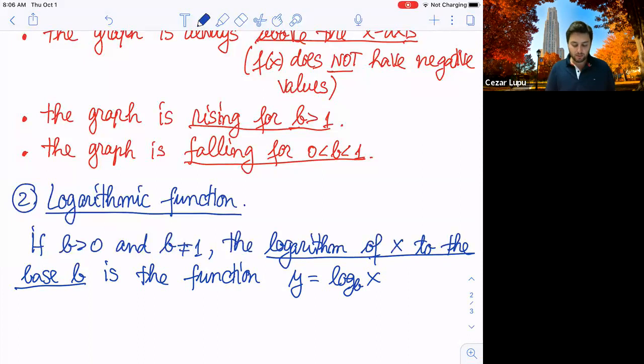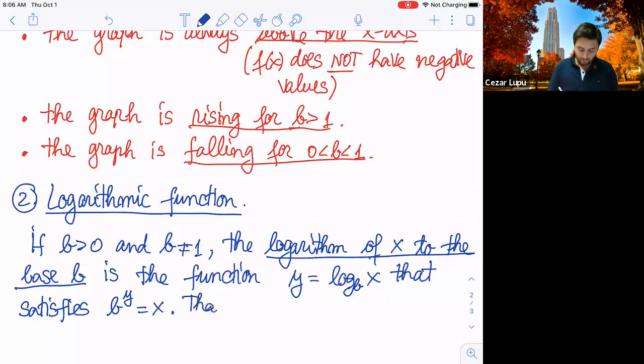So we say that this logarithm is the function y, which is defined as log in base b of x, that satisfies this equation, b to the power y equals x.